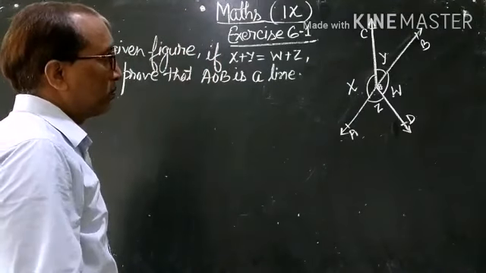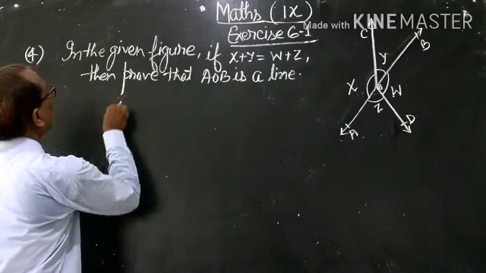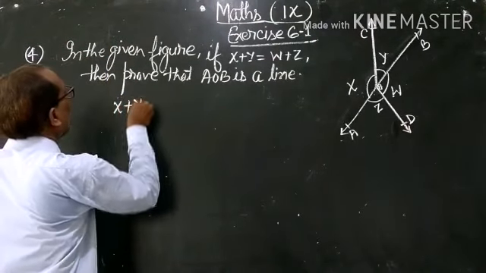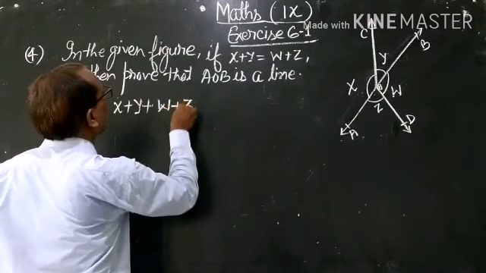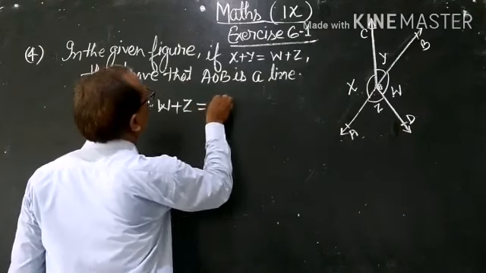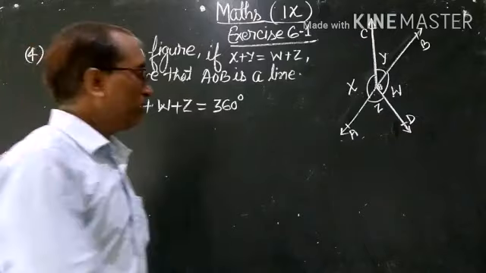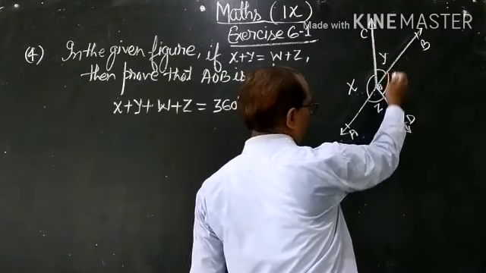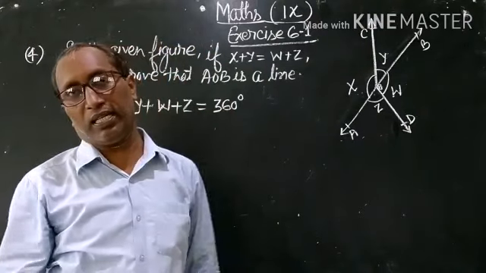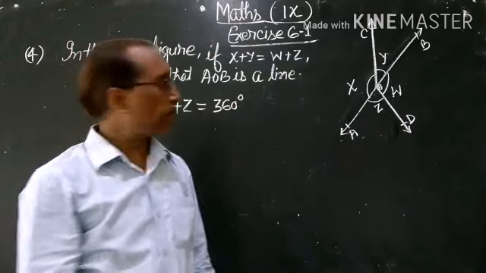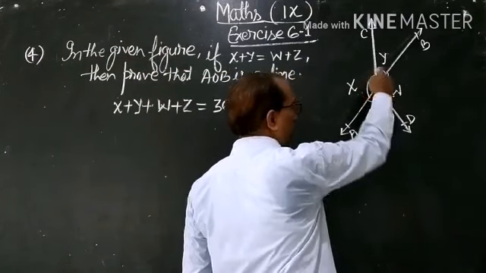For this, first of all, you write x plus y plus w plus z is equal to 360 degree. X plus y plus w plus z is equal to 360 degree by the property of angles around a point.